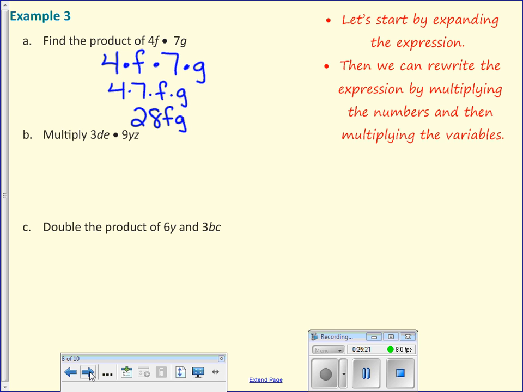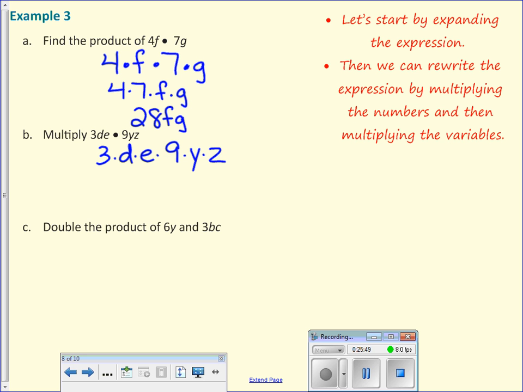Your coefficient comes first. What's 3de times 9yz? What would that one be? Oh, I jumped right into the product. Okay, so this one, if it's easier to expand it, 3 times d times e times 9 times y times z.